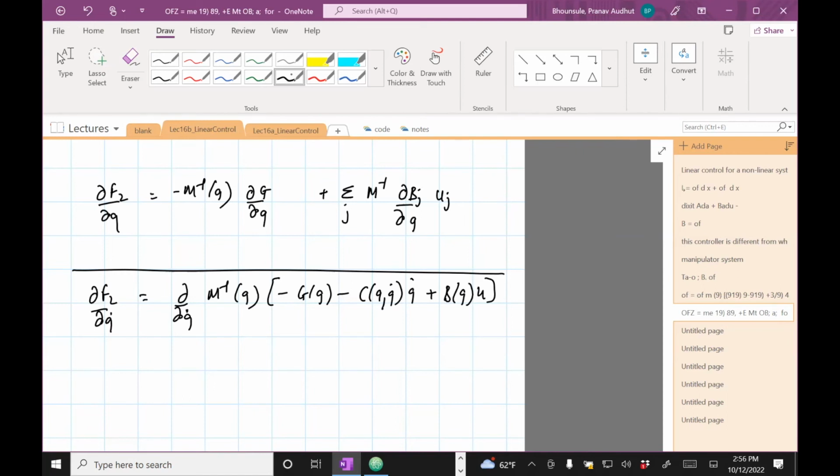The good thing about this expression is that G is a function of Q, so its derivative with respect to Q dot is 0. We know that C Q dot is 0 at the operating point, so that drops out, and B of Q is not a function of Q dot. So this entire thing is 0.